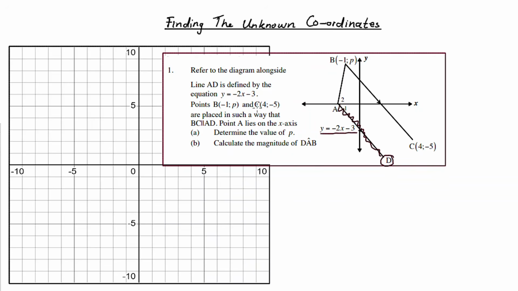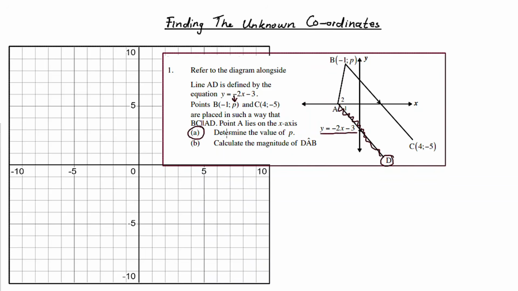Points B and C, you see where I'm going with this. You have this line BC with an unknown coordinate of P, that is the Y for B, placed in such a way that BC is parallel to AD. Point A lies on the x-axis, so on and so forth.